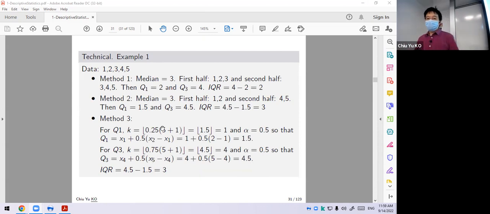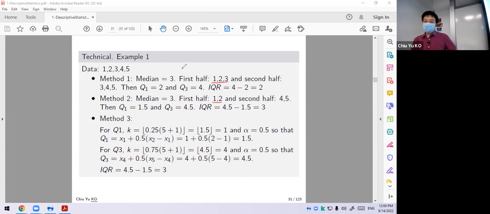And method 1 would say, what's the first half, okay? The first half would be all the data less than the median, and include the median. So you include the median as well: 1, 2, 3. Do note that the main difference is that in method 1 you include 1, 2, 3, okay? Method 2, you don't.